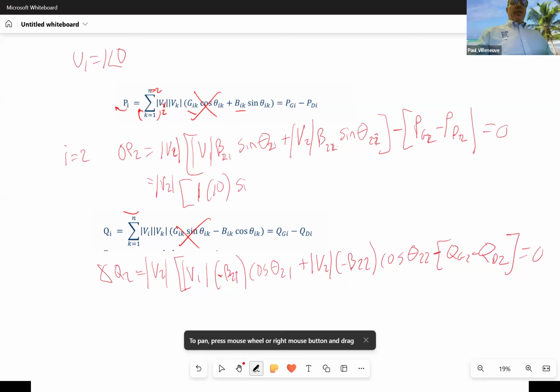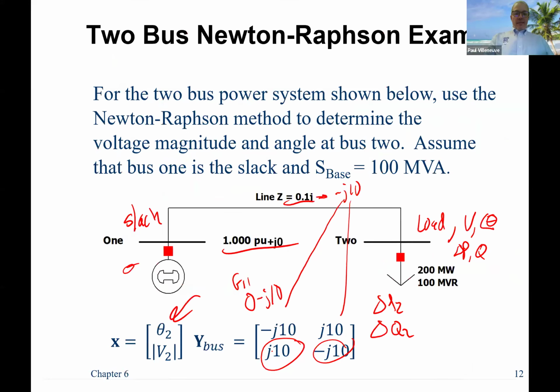Now this becomes the sine of theta 2 minus theta 1, correct? Yes, sir. But B21 is minus J10, I think. It's positive J10. It's 2 comma 1, right? That's positive J10.